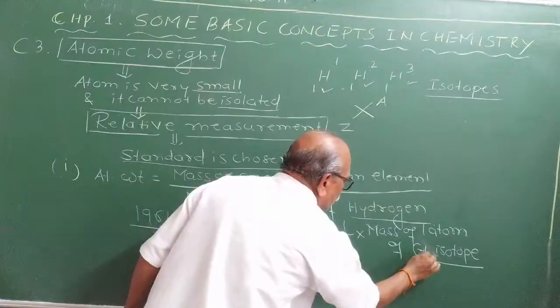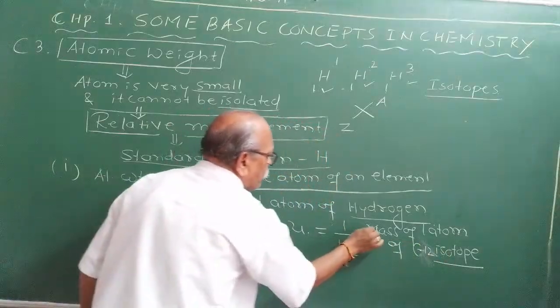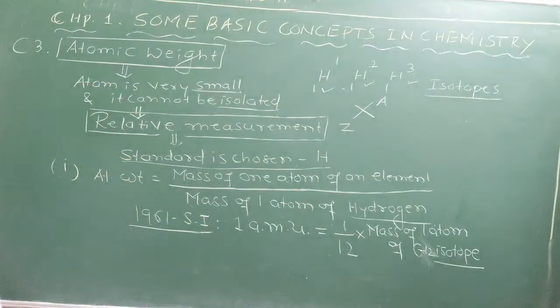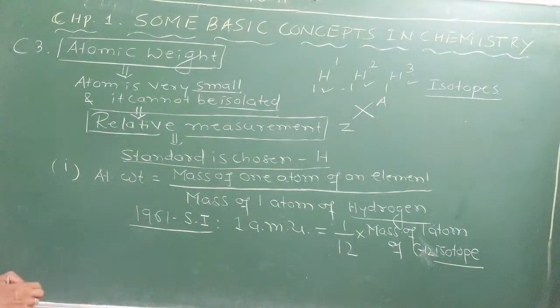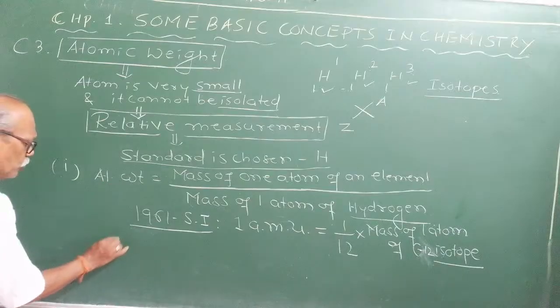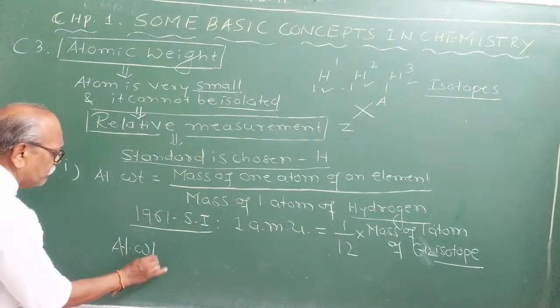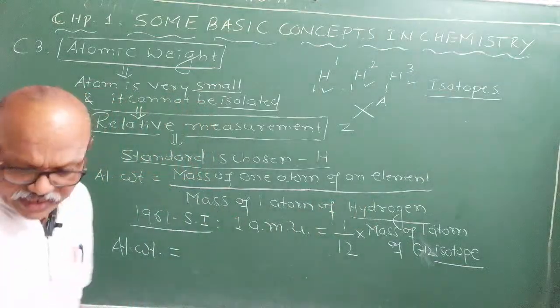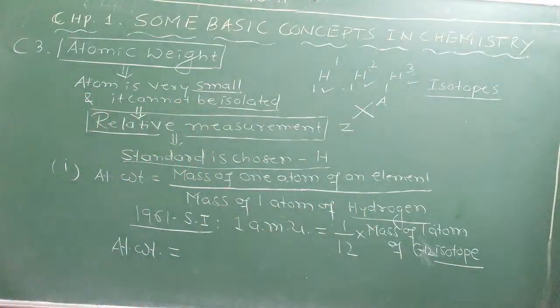Carbon isotope was taken as a standard, 1/12 of mass of one atom of carbon isotope. So therefore, atomic weight after 1961 is a different standard. We considered new standard.